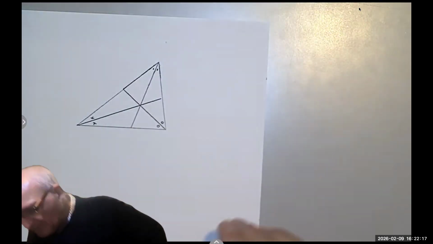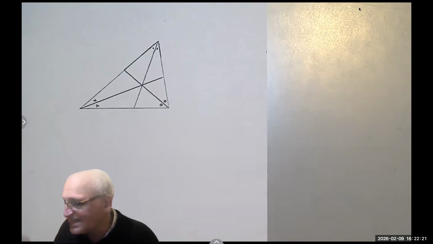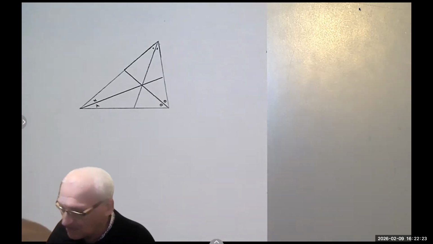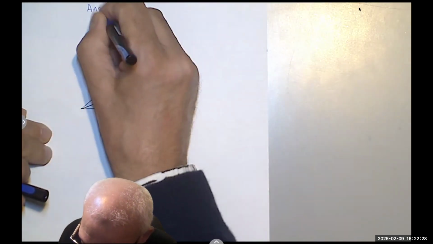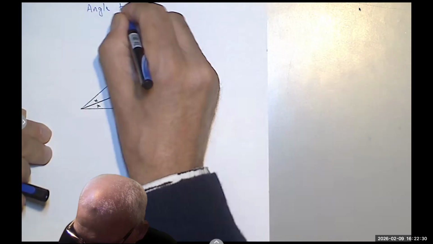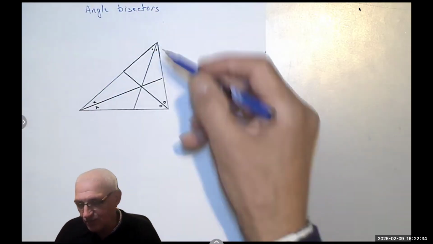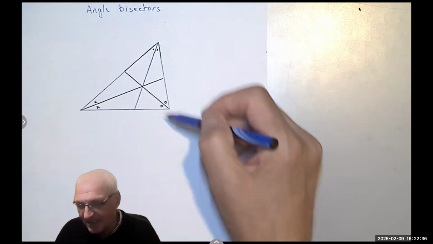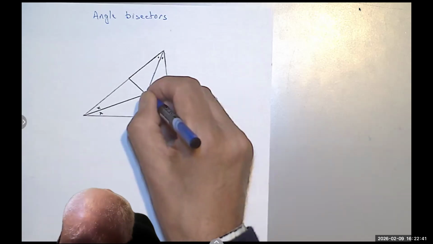Okay, so we will start with the first one. I made four triangles to save you the time of construction, and made a copy of those. The first one you can see is angle bisectors. We divide each angle into two equal halves, in which case we get a point here.